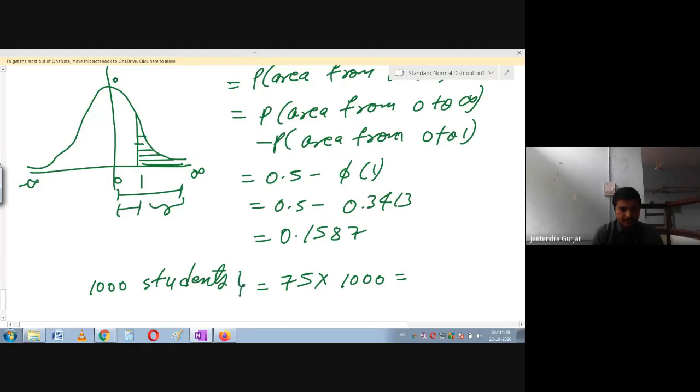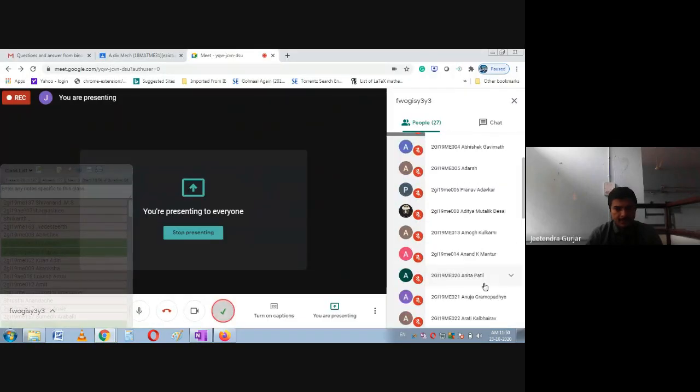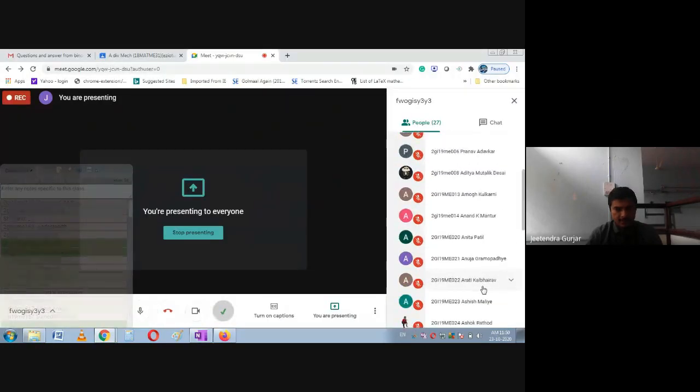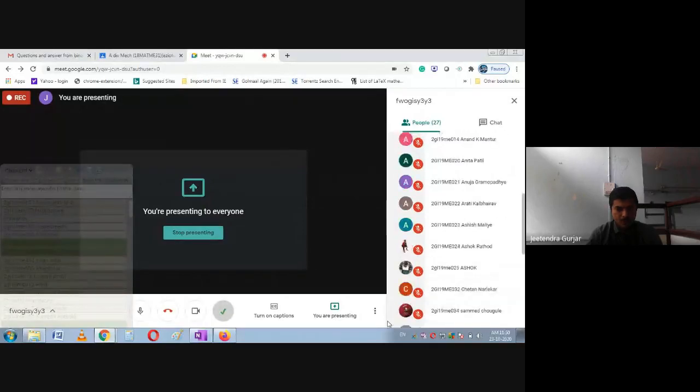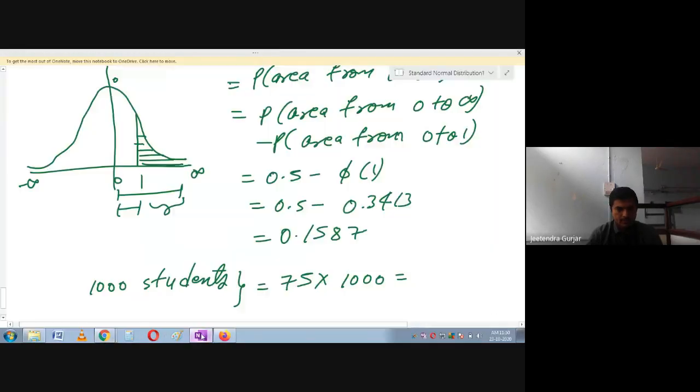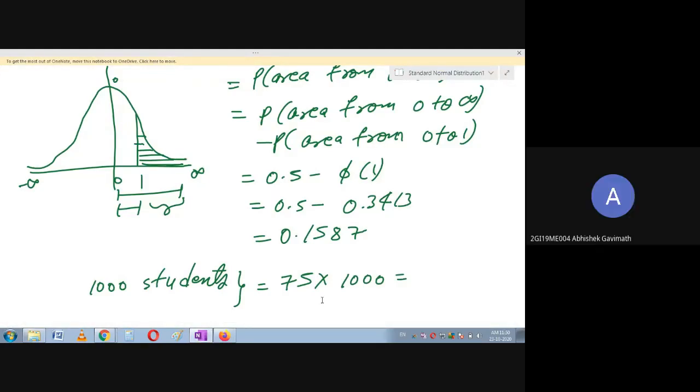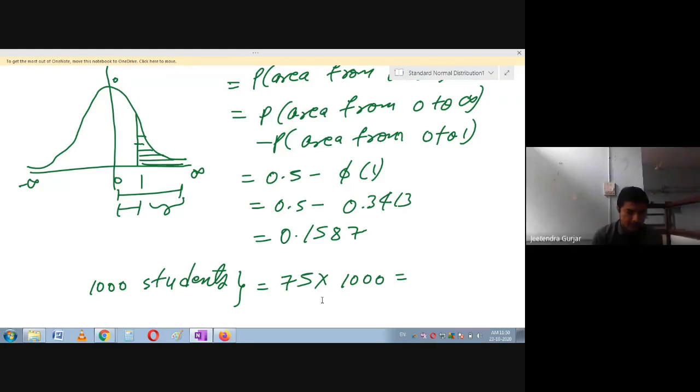Just please see. Yes, Abhishek, Anand, Anuj, Ashok. 75 into 1000 is how much, students? 75,000. Yes, it is 75,000.